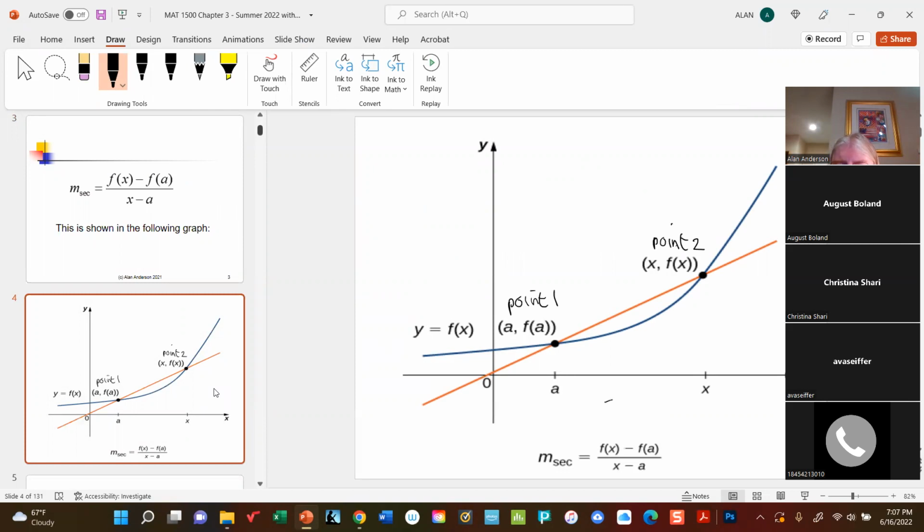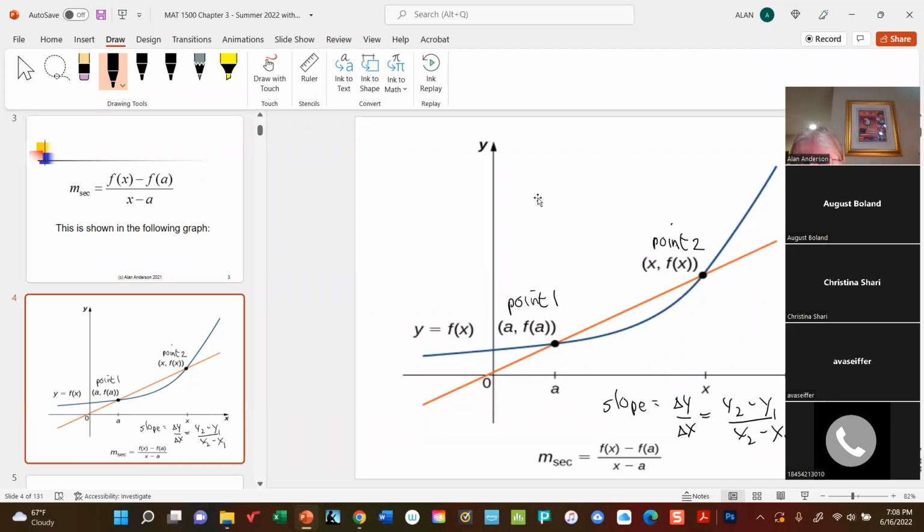The slope for any line, as you know, can be written as delta y over delta x, which in turn can be written as y2 minus y1 over x2 minus x1.